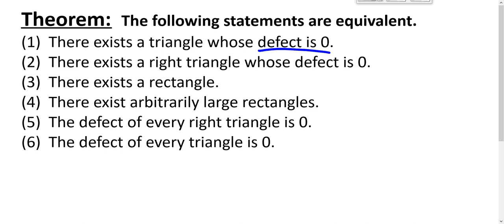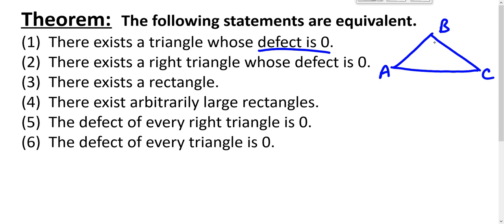So let's play this out. If there exists a triangle whose defect is 0, how do we know there exists a right triangle whose defect is 0? So we play the game. We assume that we have a triangle whose defect is 0.